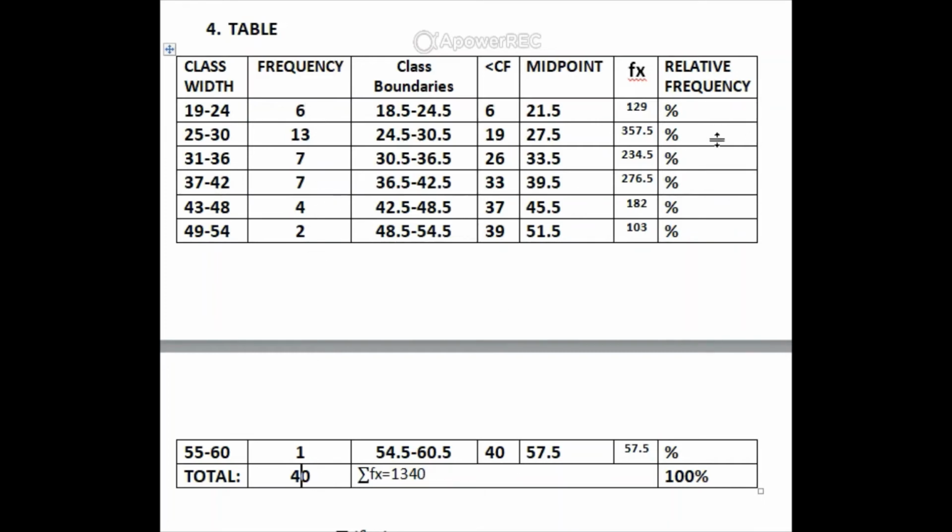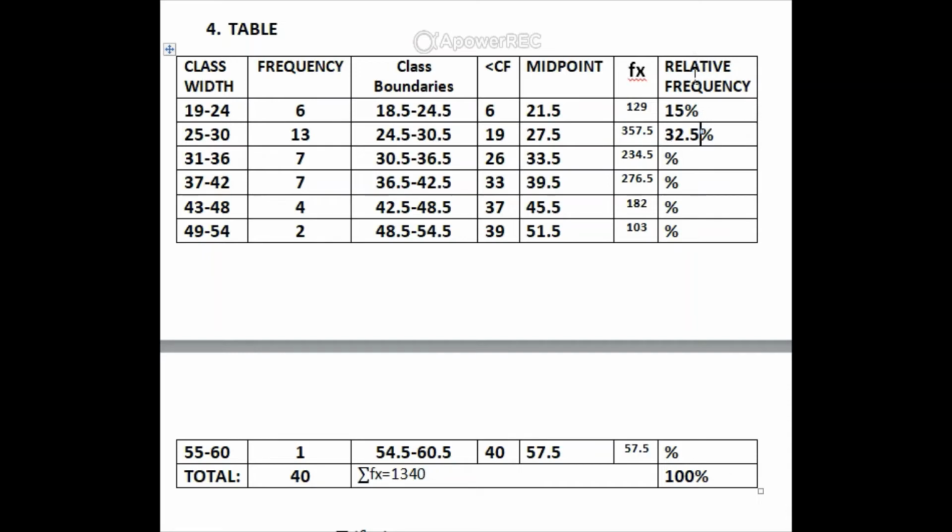Then, since ang kinukuha sa relative frequency ay yung percent, we need to multiply it by 100%. So, 6 divided by 40 times 100 is equal to 15%. Next, we have 13 divided by 40 multiplied by 100 is equal to 32.5. Then, itutuloy lang natin until makuha natin ang 100%.